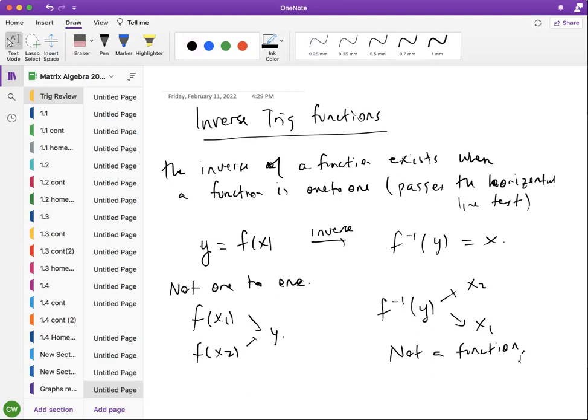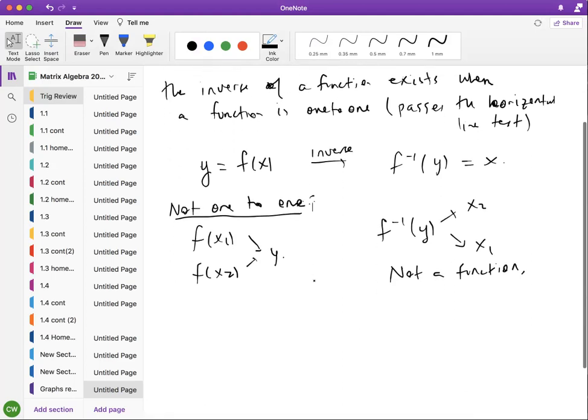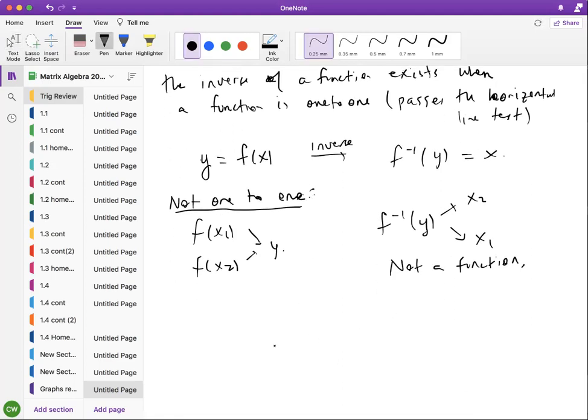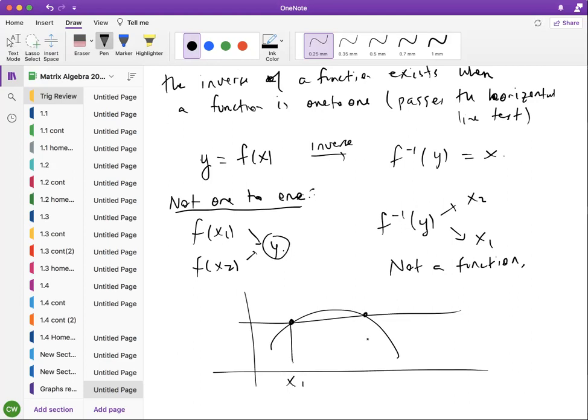A function is something that when you have an input, you only have one output. So this is explicitly the reason why the horizontal line test is something you check for the inverse of the function. The horizontal line test counts for your y values. So if you have the same y value for 2 x values, then the inverse does not exist.